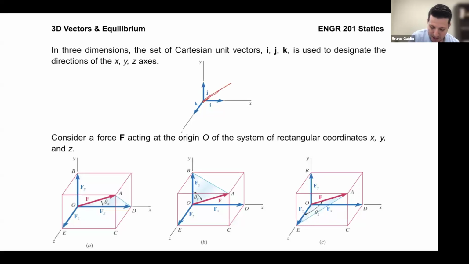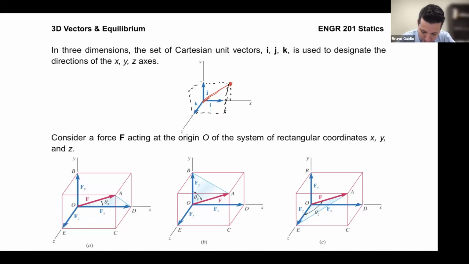Some force that is difficult to see right now, but we're going to have this y, x, okay, and some z dimension as well. Okay, z dimension.